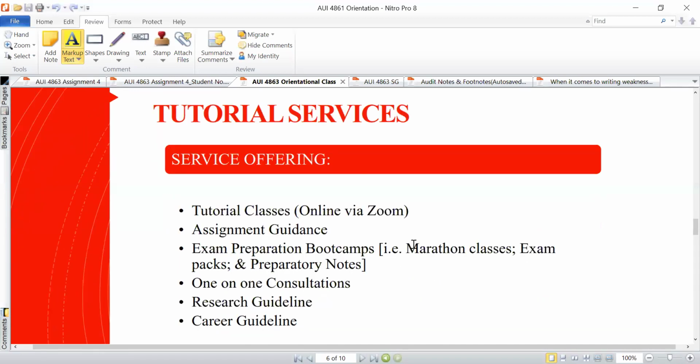In terms of our tutorial services, guys, this is what we offer. We provide tutorial classes, and our tutorial classes are done online, such as the setup that we have currently. In the online classes, we explain the content, which is the assumed knowledge, what you need to know according to the blueprint, which is your prescribed study materials, and also the application of that assumed knowledge from your prescribed material.